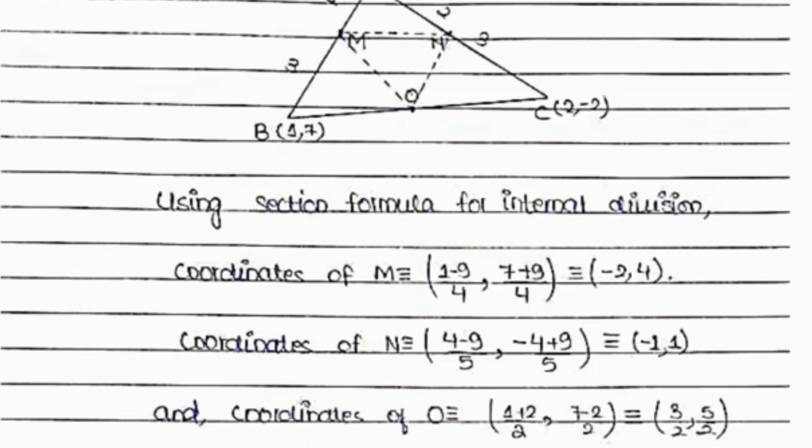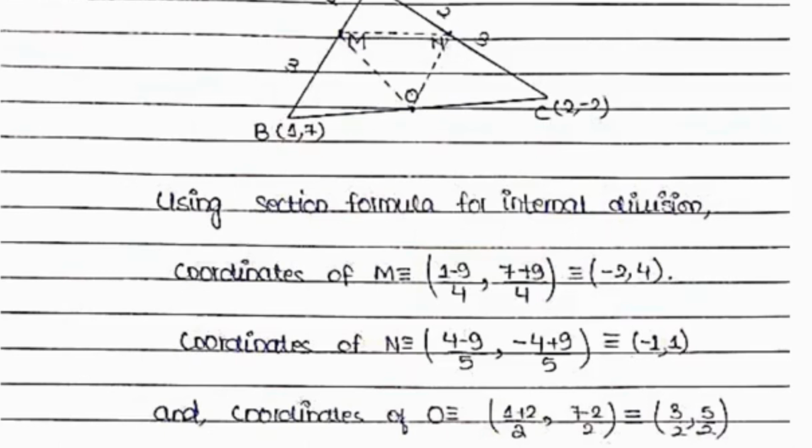Using the section formula for internal division, the coordinates of point M are, you know the formula for section division, you need to see it, and using it we can calculate the coordinates of point M as 1 minus 9 by 4, 7 plus 9 by 4, which is equal to minus 2 by 4.